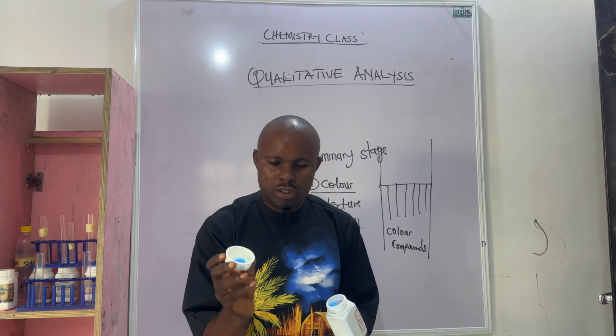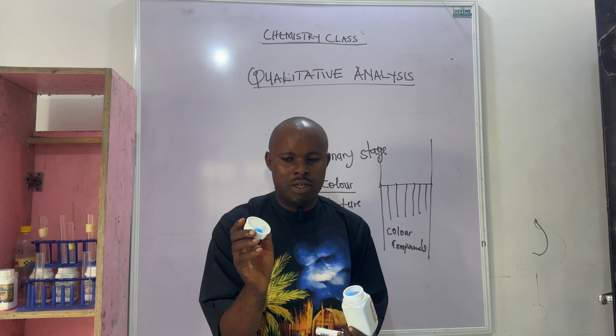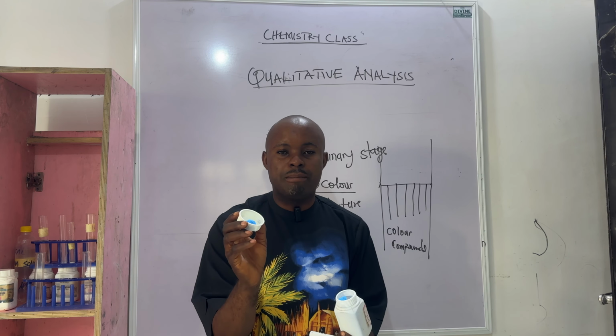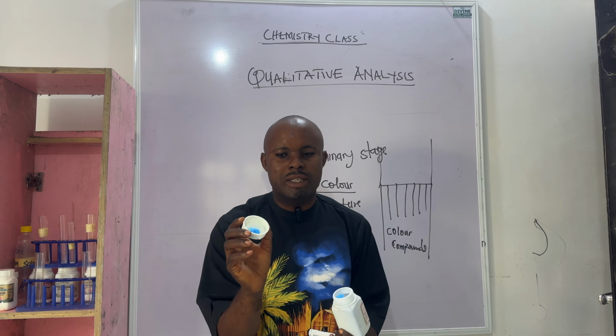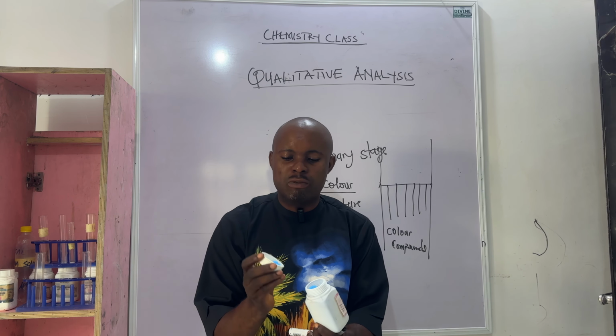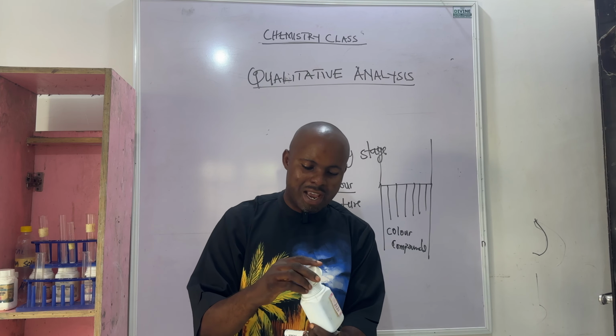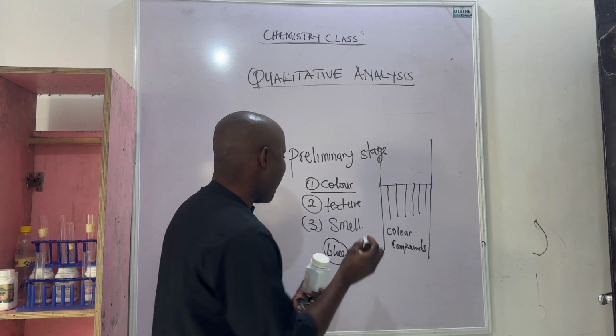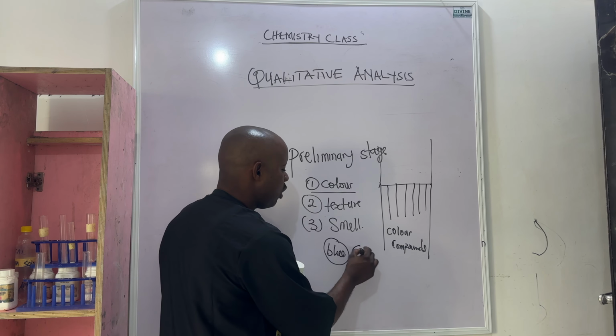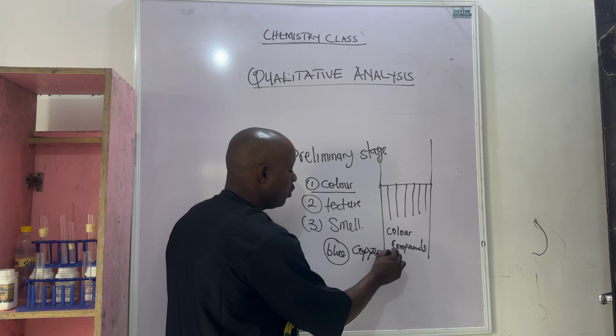If you check this salt, you can see that it's blue. So this is a transition metal. We can believe that anything that produces a colored salt is a transition metal. So anything that gives blue color, we can infer in the lab that it contains copper. Copper always gives blue color.